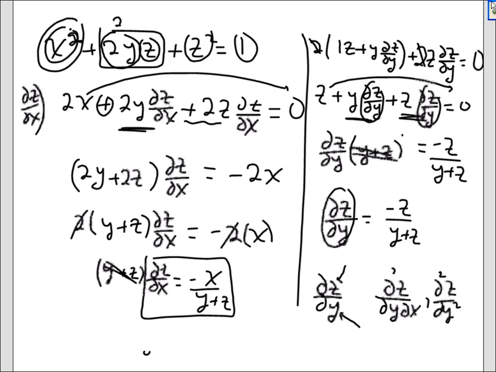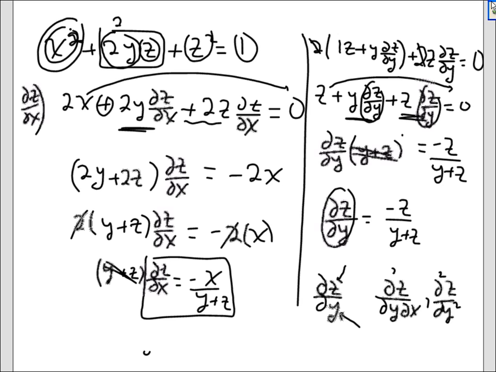Those are called double partials. They said find all the single partials. That was the problem. Given that equation on the top left, x squared plus 2yz plus z squared equals 1, find all the partials. And we did.